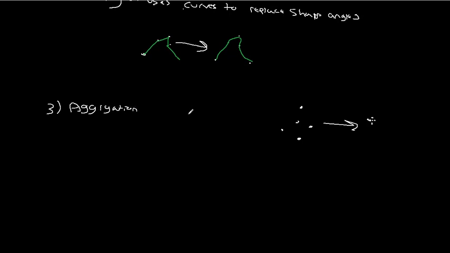Aggregation would basically take these 5 points, and as we zoom out, rather than keeping them as points, we can simply lump them together into a polygon. So this is point to polygon.